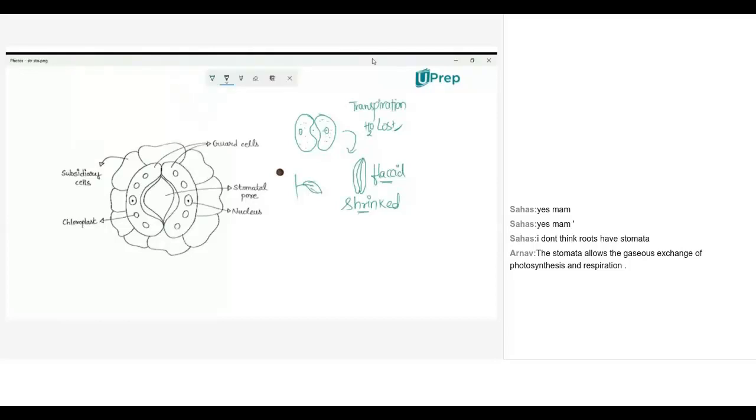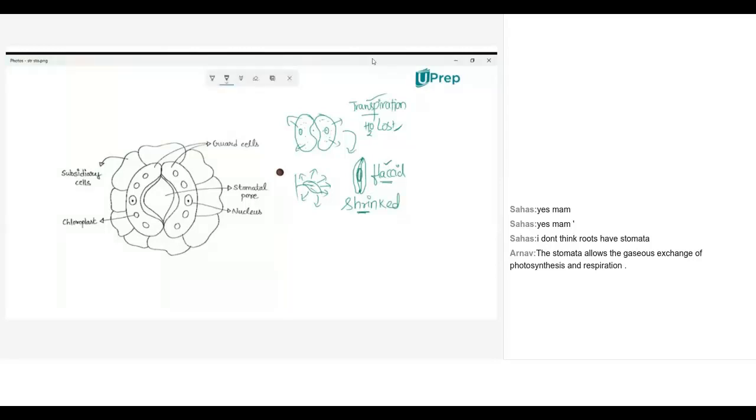That's because water is continuously lost during the hot sunlight and the hot temperature. Because of the loss of water, the water potential in the guard cells will be lost. Okay. Because of the transpiration process, the guard cells become shrunken and look flaccid. In such a case, the pore gets closed like this. If you take this part as the pore, it gets closed.